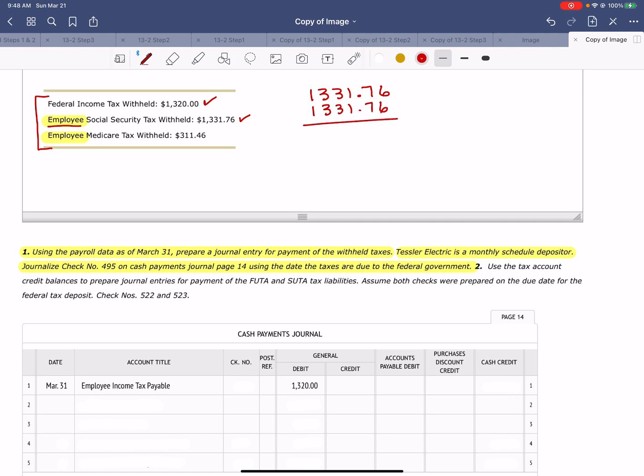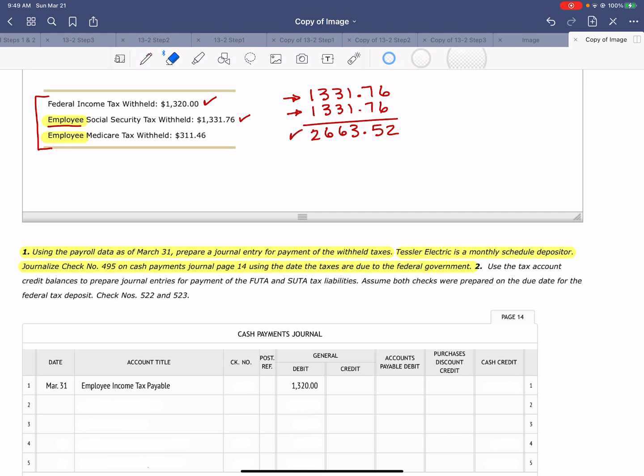So the amount that they owe to the government is $2,663.52. And that is the amount that we have to record in our journal. Remember, this is the amount collected from the employees, and then the employer has to match that amount. So we are going to record this amount in our journal.